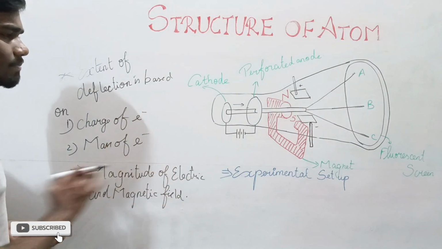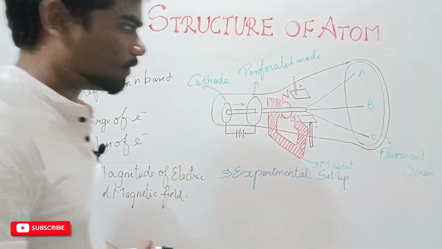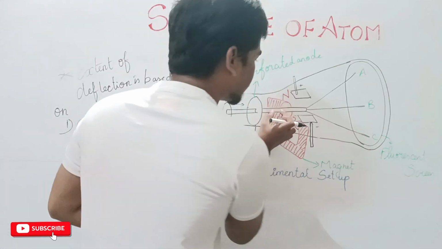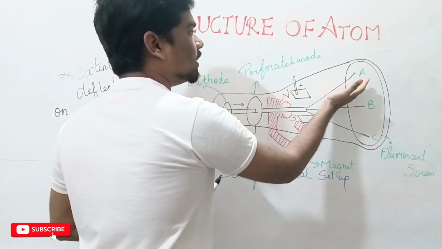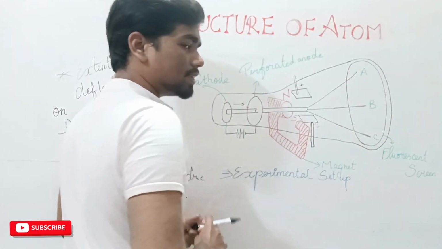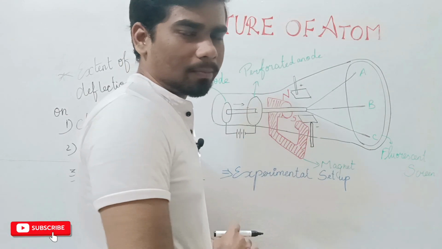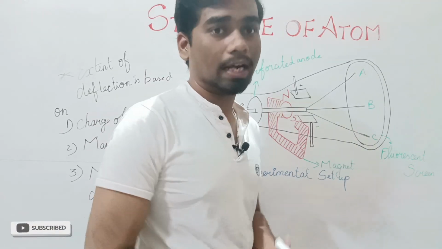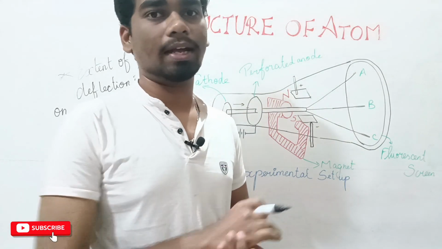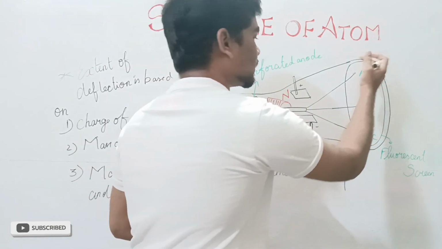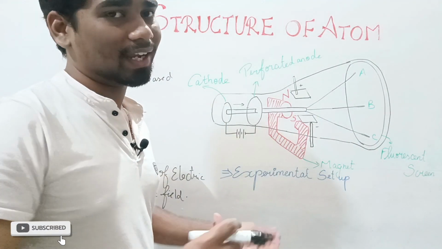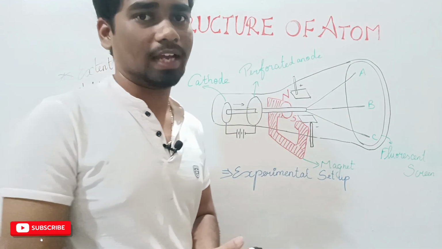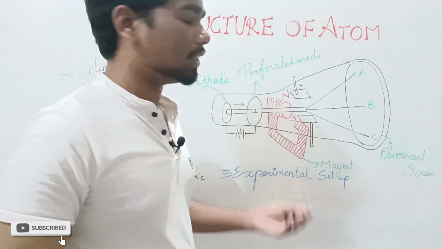With this assumption, J.J. Thomson found that these rays pass through this magnetic and electric field and deflected into various directions. In the last lecture I also told you in a Crookes tube experiment, when a fluorescent zinc sulfide coating is given, we can find the presence of cathode particles, which is nothing but the electrons.